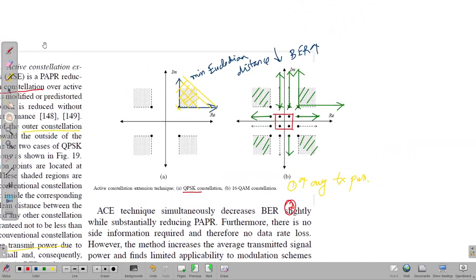As a result, what happens? For QPSK, you can see 4 points have got freedom. 4 points have got their feasible regions.